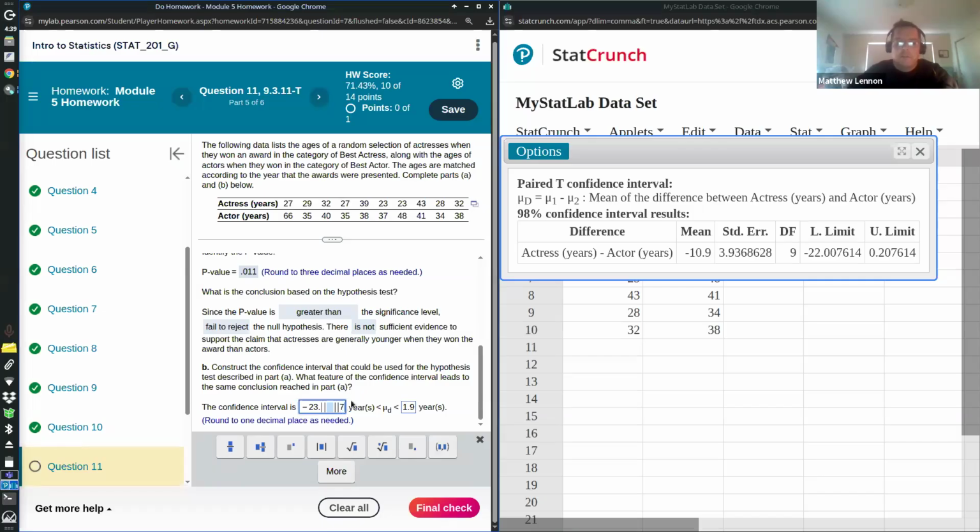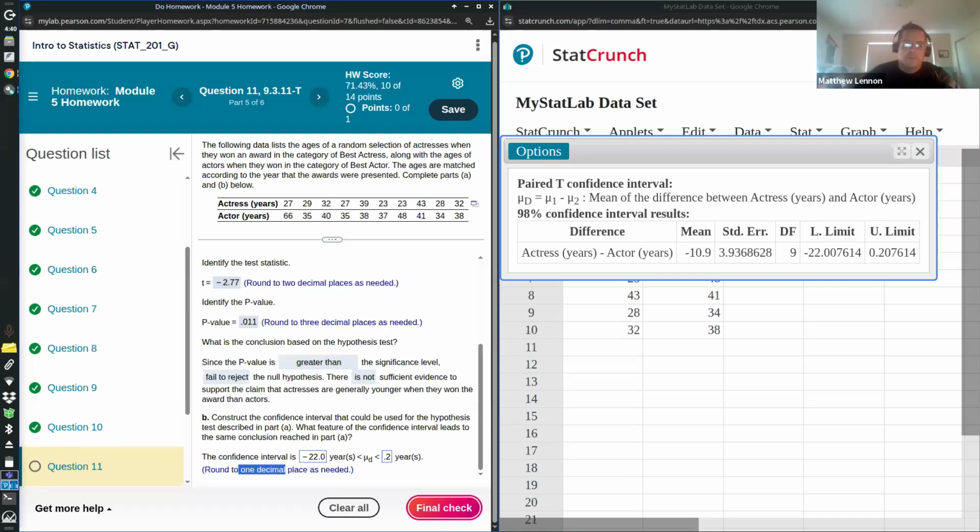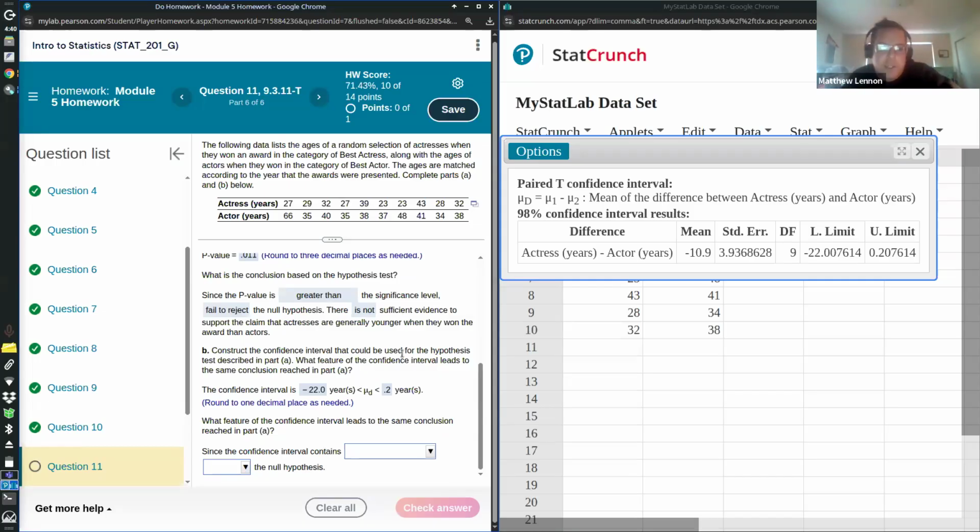I think you still double it because it's just less than. So 22.0 and 0.2. I think I did 0.21. I think that's why it marked me wrong, because it says 1 decimal place. And I think the first time I did 0.21. Yeah. Okay. So you still double it. The rule still applies even if it's paired. Since it was less than, I doubled 0.01 to 0.02.